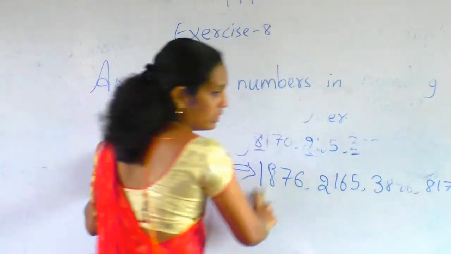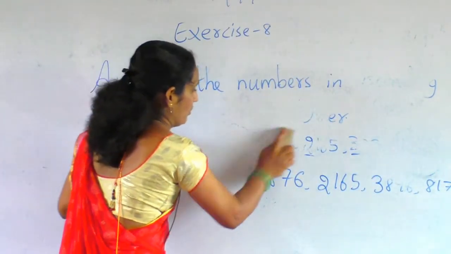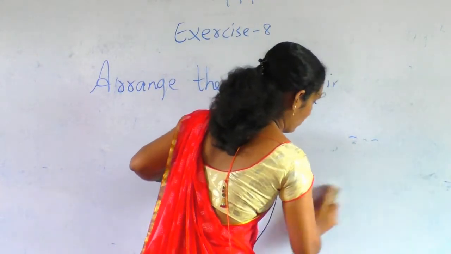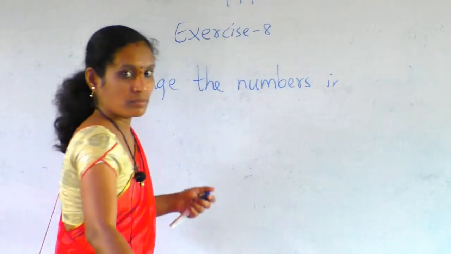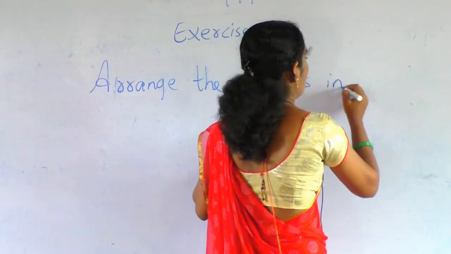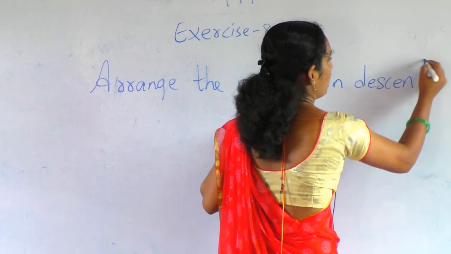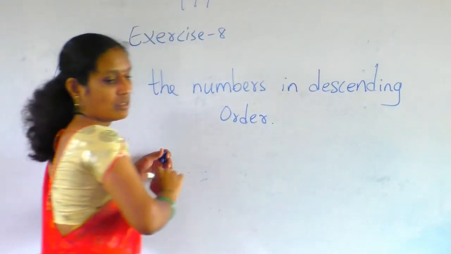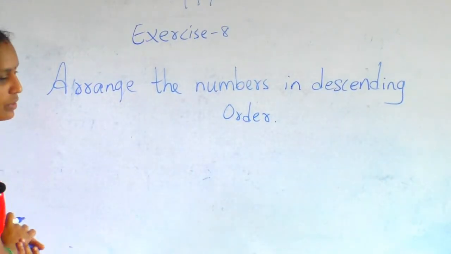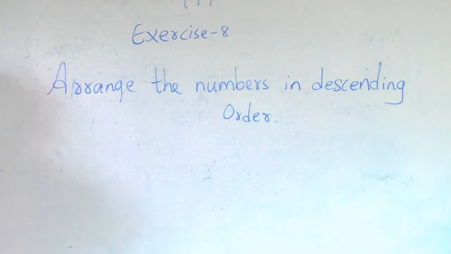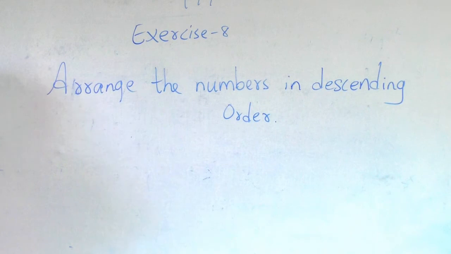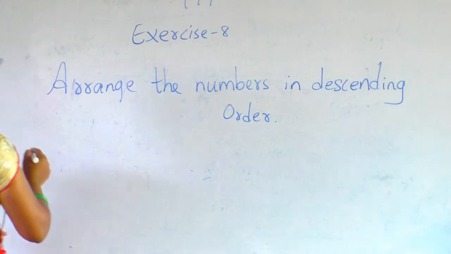Bigger to smaller number. Descending order. Bigger to smaller number. First you take, what is the first one? Page number 97. 2369. 1054.